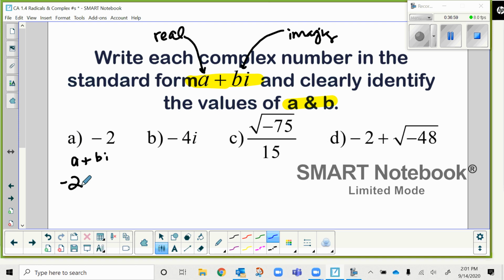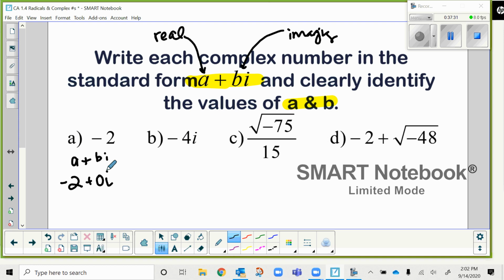Has no i's. We're literally going to write that down like this: -2 plus 0i. That is the complex form of this real number. The 0 is acting as a placeholder for the b.